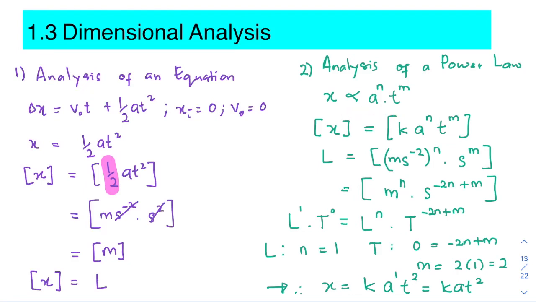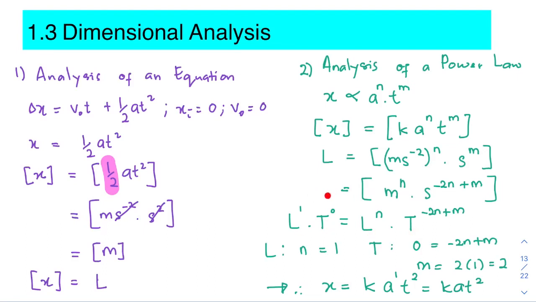A paragraph of statement just now is summarized into a proportionality statement like this, then converted into a mathematical expression, and put brackets here, meaning that you are now going to use the dimensional analysis technique. Simplify anything that you can within the bracket in SI units. Finally, when you have simplified everything, you replace every symbol or unit with the dimensional symbol.